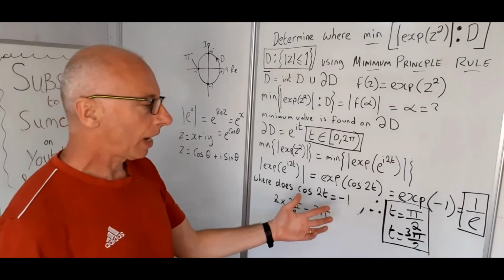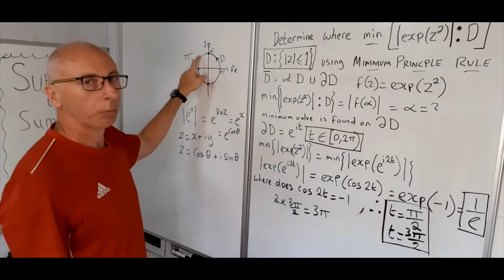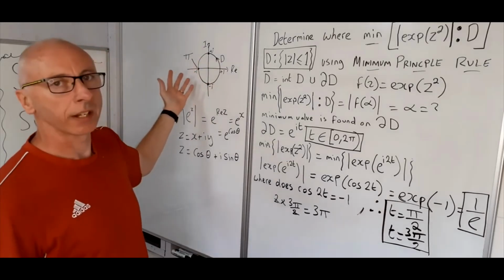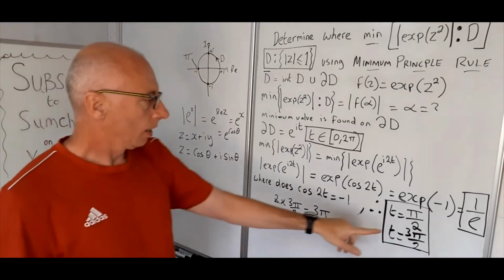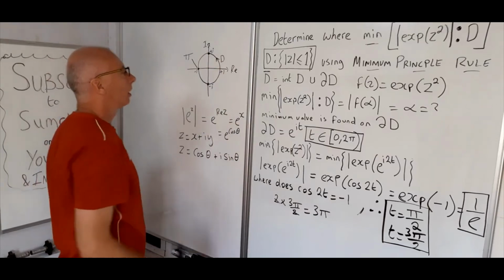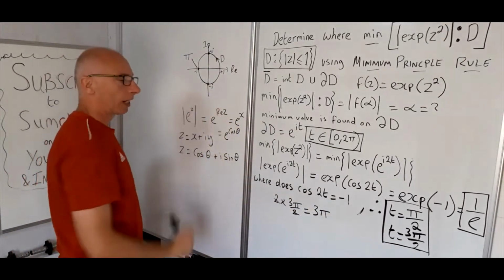So where is the value of this function attained on this complex graph here? We know that pi is on this point, but that's not telling us where t is. So t is pi over 2, that's this point here. And if t is 3 pi over 2, that's this point here.